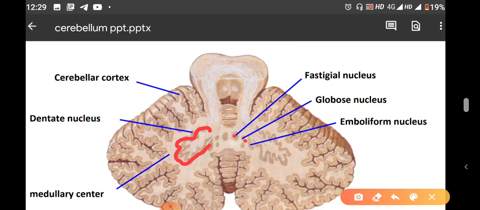Here there is the globose nucleus and the emboliform nucleus; the elongated one is called the emboliform nucleus. So these are the four deep cerebellar nuclei from where the efferents will go to the different parts of the cerebral cortex, and they help in the different functions of the cerebellum.